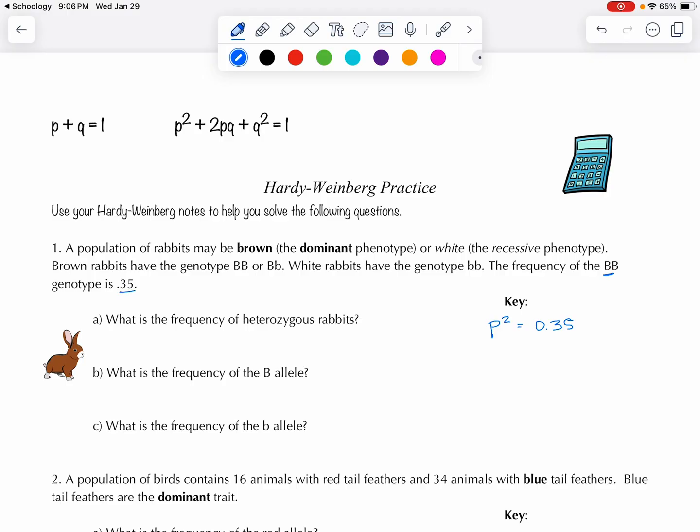What we have to do here is take the square root of 0.35. Hold on, I just have to get my calculator going.